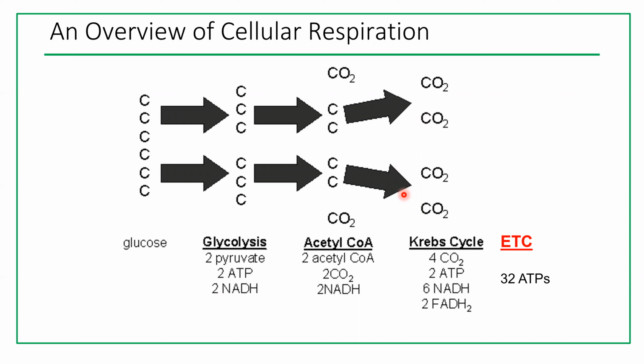This happens through the Krebs cycle or citric acid cycle. Also, a little bit of ATP is made. And then the last step, the electron transport chain, gives the most amount of ATP. So that's cellular respiration: glycolysis, acetyl-CoA formation, citric acid cycle or Krebs cycle, and ETC, electron transport chain.